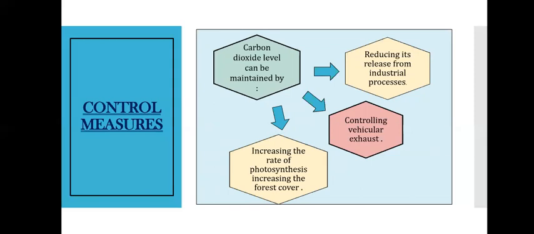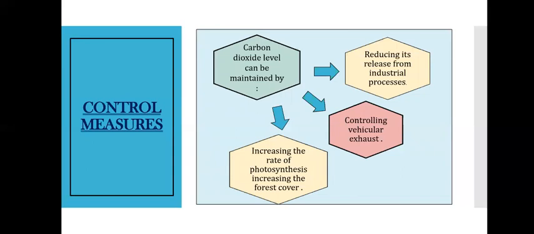Or probably certain changes can be brought about in such a way that carbon dioxide, though it is being produced as a byproduct, is immediately absorbed by another chemical reaction, so that its release into the atmosphere can be minimized. Okay, so this is one way of minimizing or controlling the concentration of carbon dioxide.